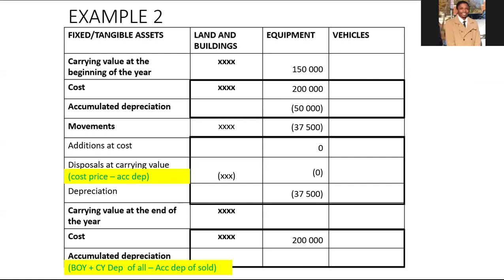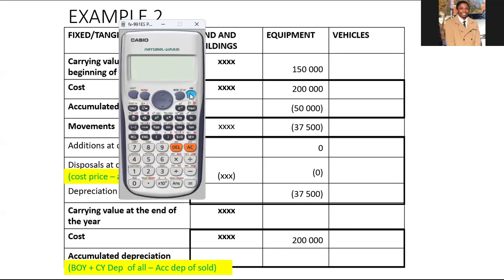Accumulated depreciation on equipment at the end of the year will be the balance at the beginning of the year, which is 50,000. Current year depreciation is 37,500. So I've got 50,000 plus 37,500 minus accumulated depreciation of assets sold. There's no asset that was sold here. So accumulated depreciation at the end will be 50,000 plus 37,500, which gives us 87,500.